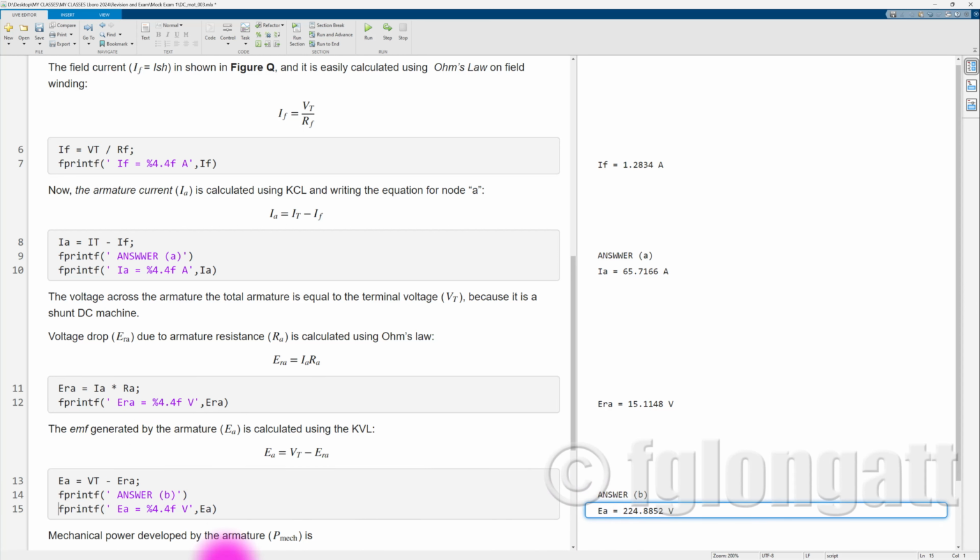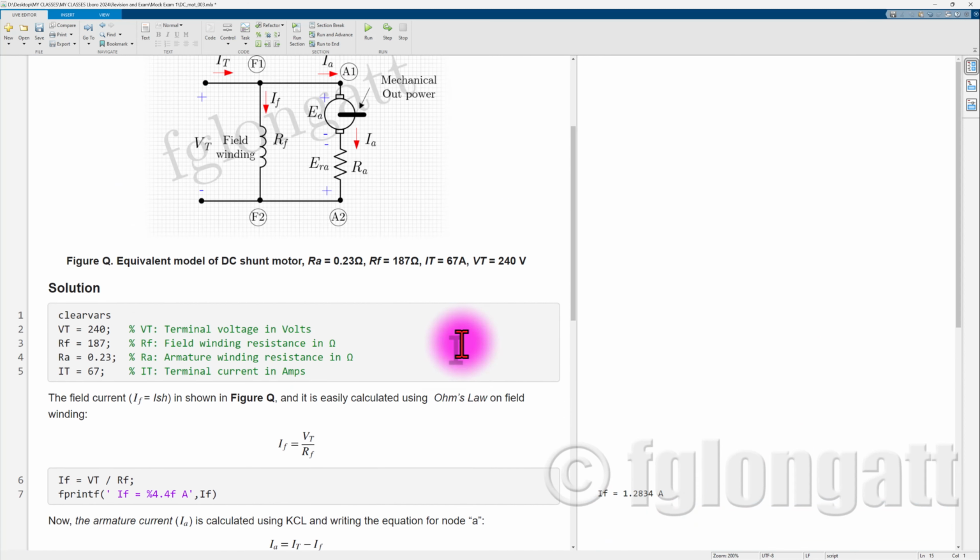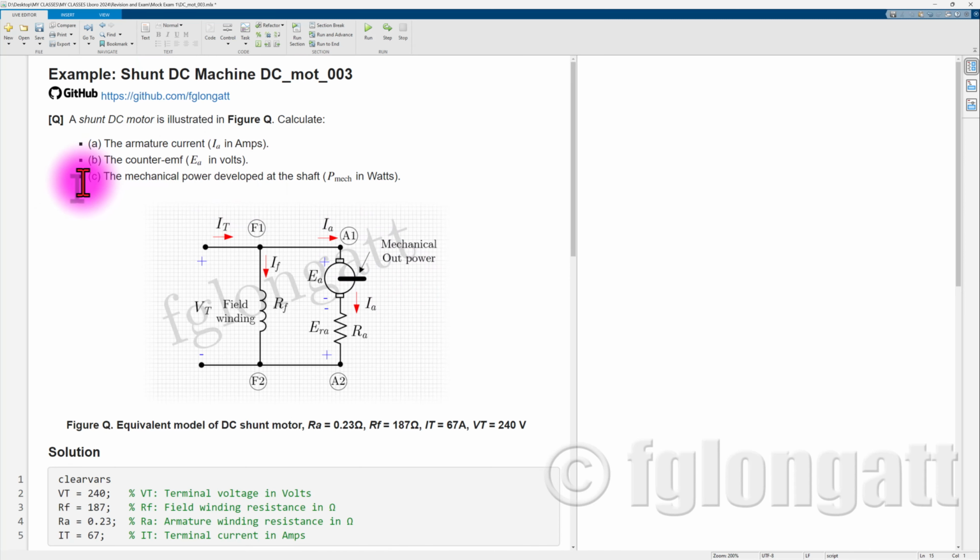As a consequence, we obtain the numerical result of the armature EMF, and the answer to question B is 224.8 volts.